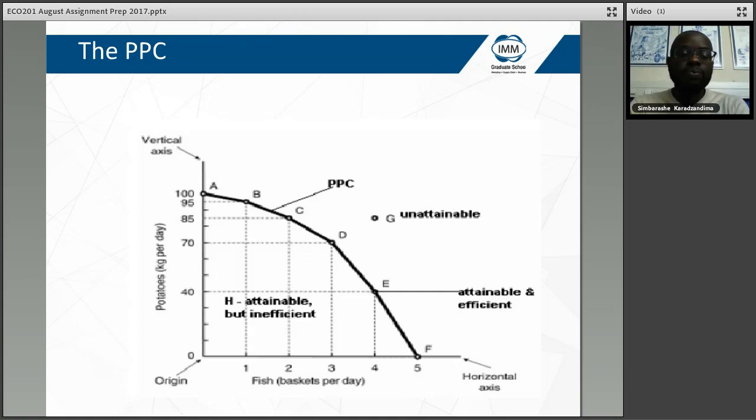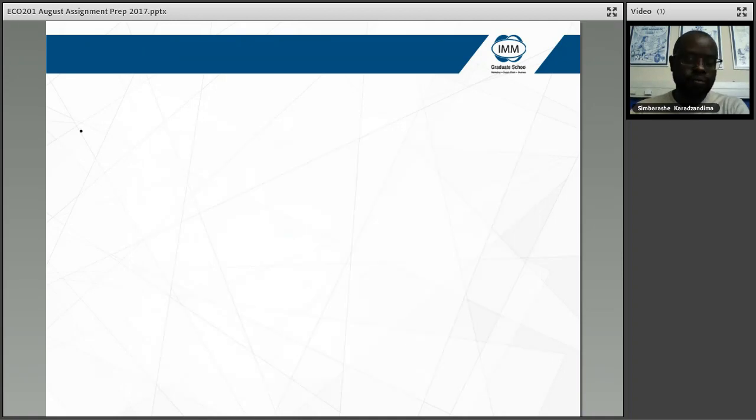It means that at point H, maybe we have people that are unemployed, we have factories that are not being used, we have machines that are lying idle. So that is unemployment of resources, which is illustrated by any point that is inside the PPC. So any point that is inside the PPC shows us unemployment of resources or inefficiency, even though it is attainable.